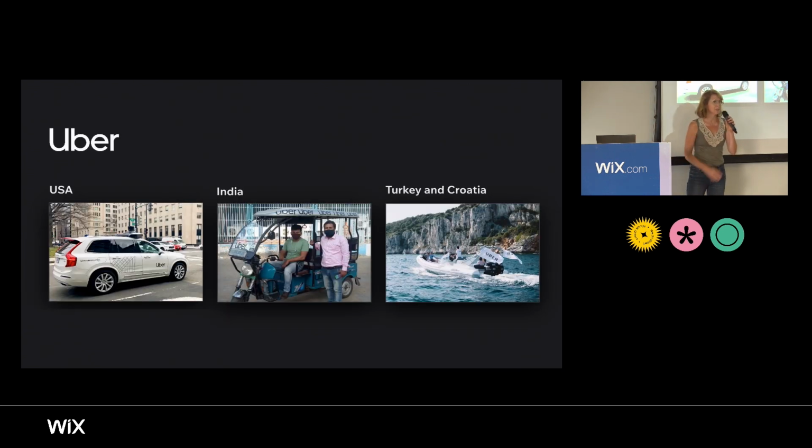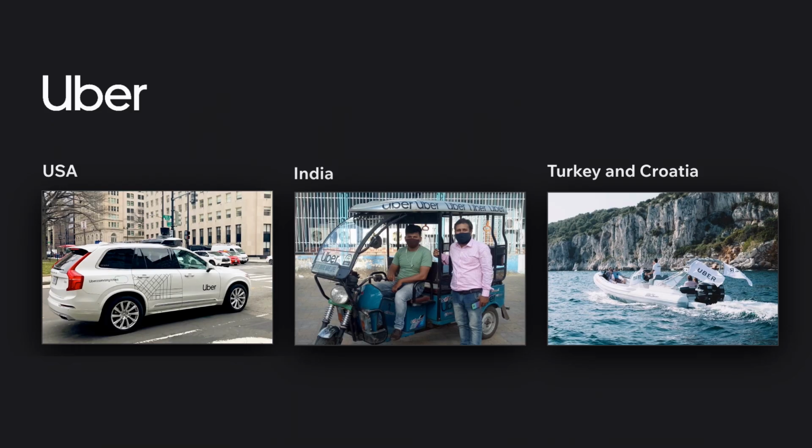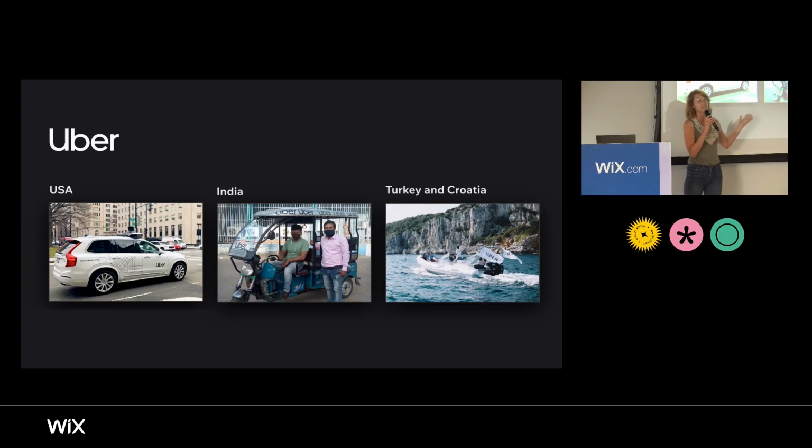Here's another example, and this is mainly about how, as a business, you might penetrate different markets. So here we have Uber. It's a transportation company, but a lot of people think of it as just a car company. But that's not the case, because what Uber is trying to do is help get people from place to place. In the US, yeah, it's cars.